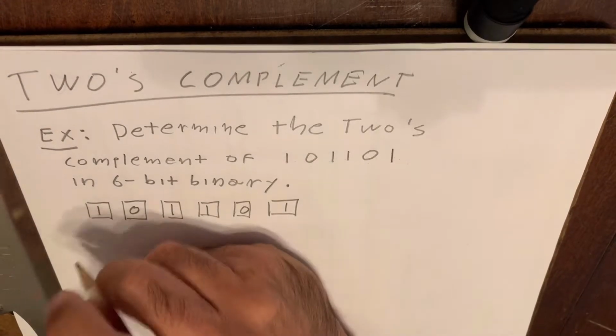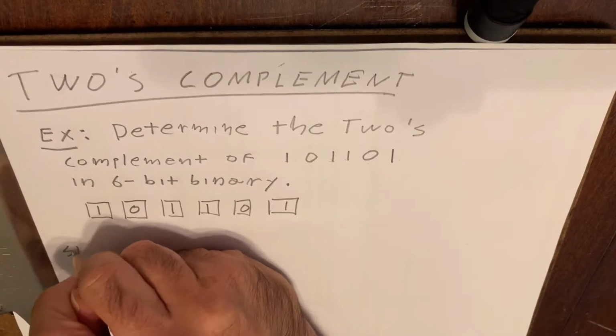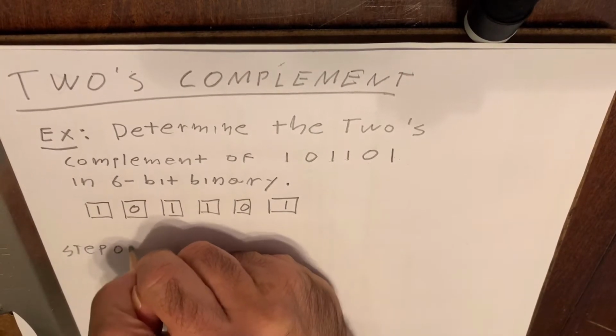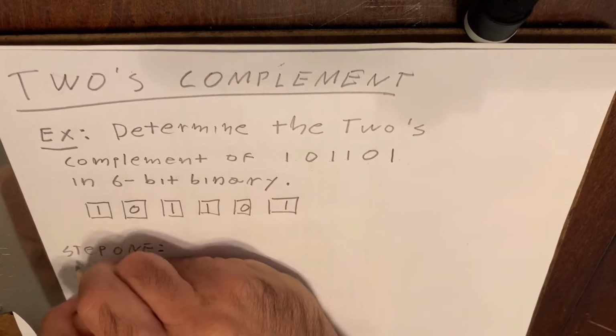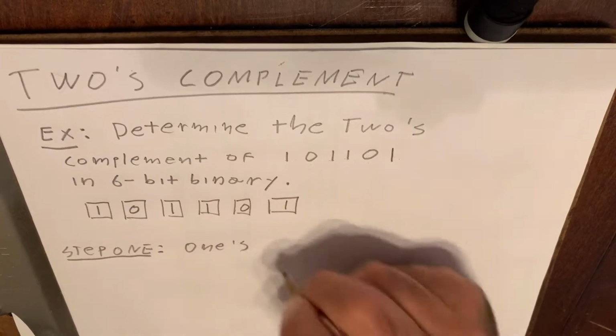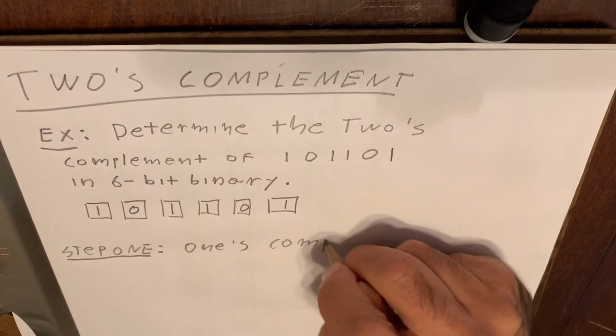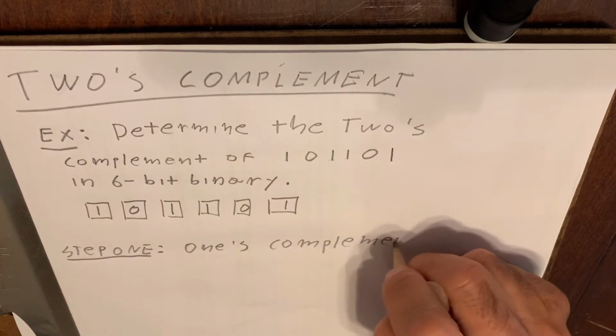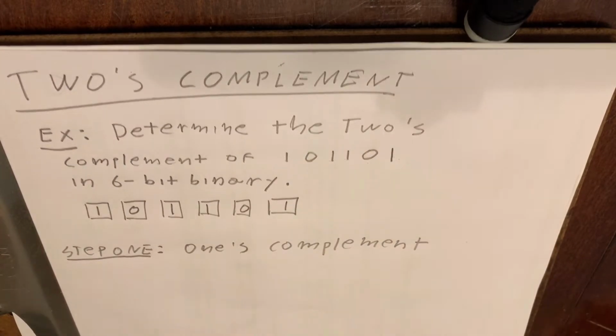So step 1 is to determine the 1's complement. Now, the word complement in mathematics is always used in the same way. It's often expressed as not, or the negation of something, or everything that's not what you see but is in the universe.